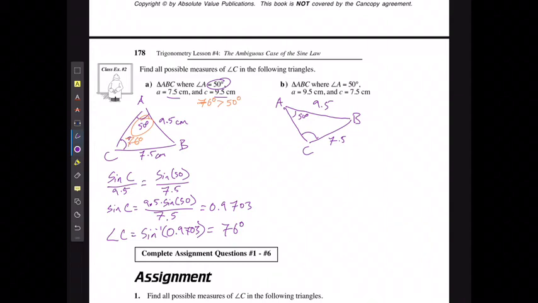I can solve for the obtuse version, because angle C in the second case is 180 minus 76, which means that this would be 104 degrees.